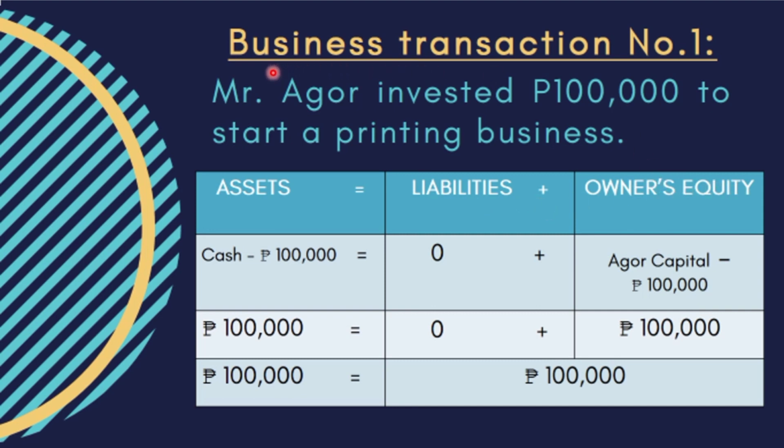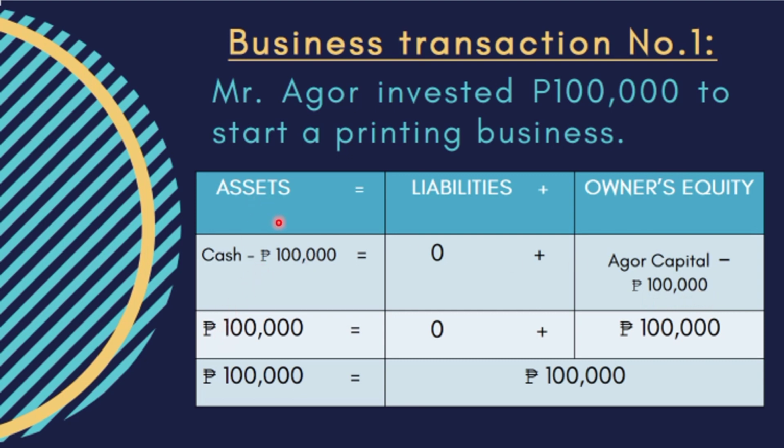So on this business transaction, the asset is cash because Mr. Agor received cash worth 100,000 and its classification is assets. So if you have 100,000 worth of asset, you need to have 100,000 worth of liabilities or owner's equity. In this case, the corresponding owner's equity is the Agor capital, which is 100,000.